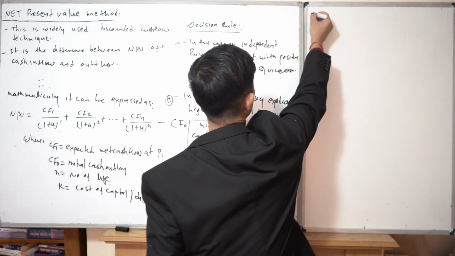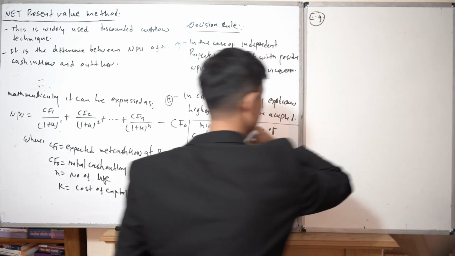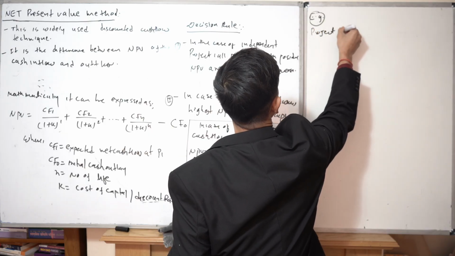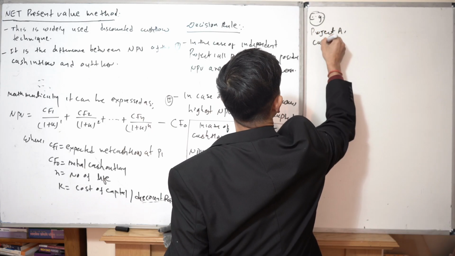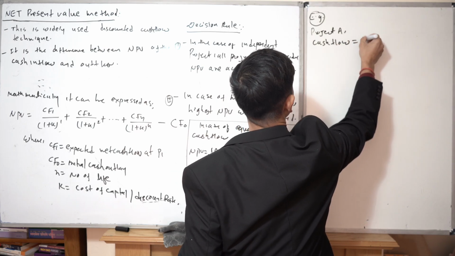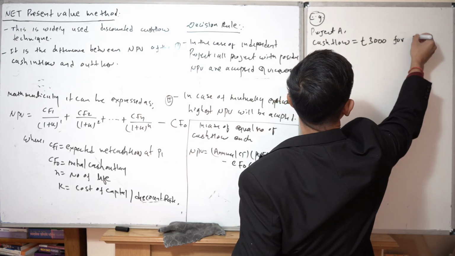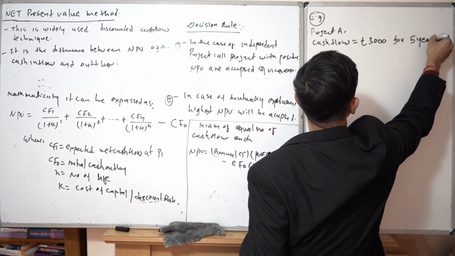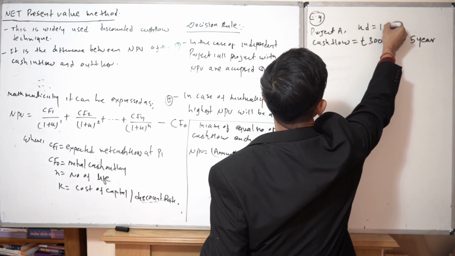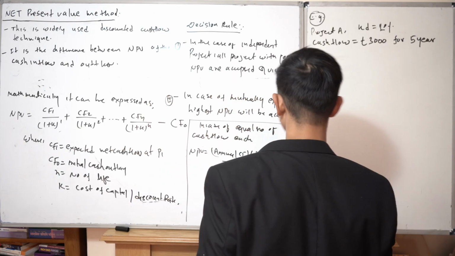Now let's have a look at a practical example. We are taking the same example, project A, cash flow is equal to £3,000 for 5 years, and the cost of debt is 10%. Now let's find out.